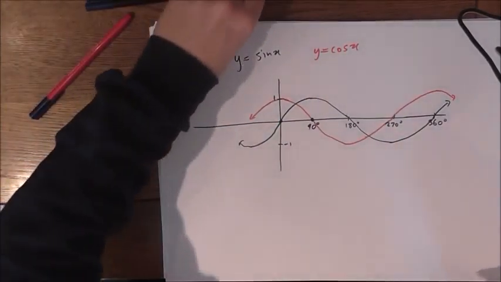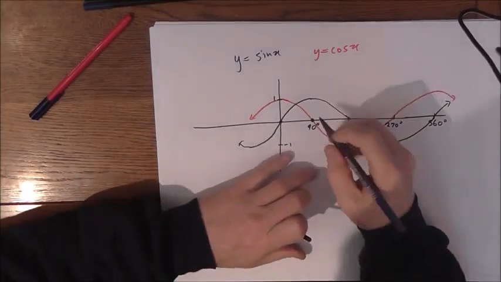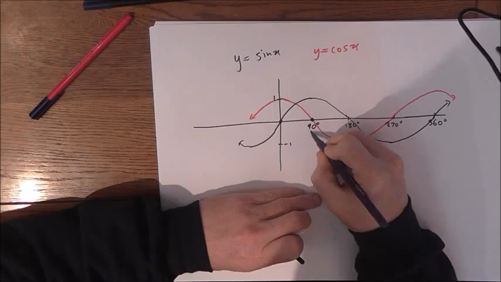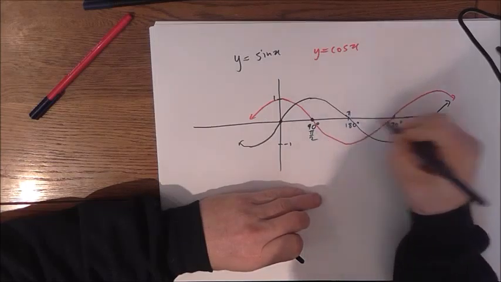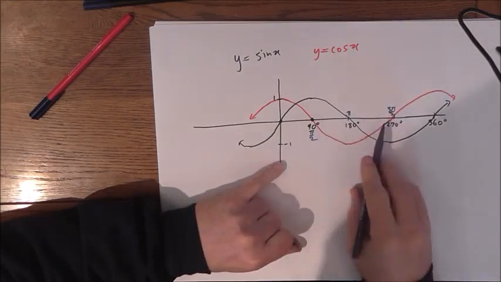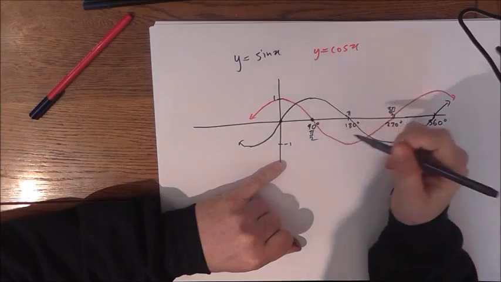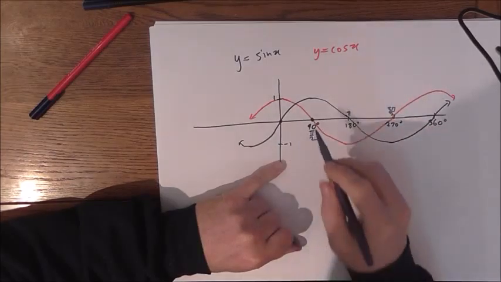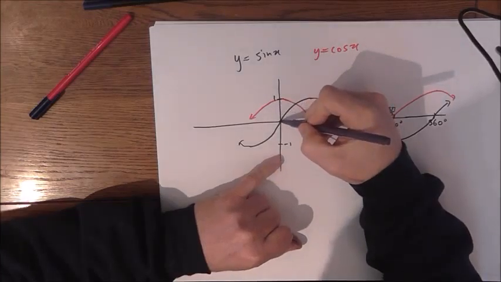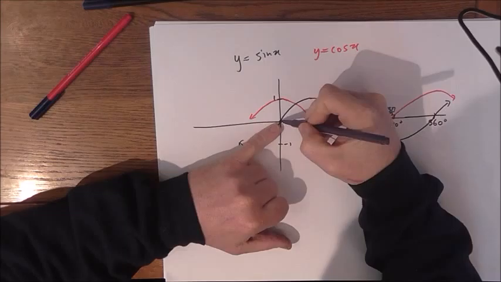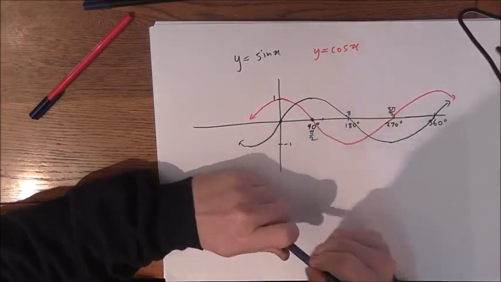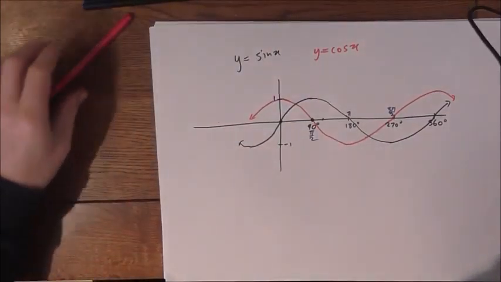Now year 12s and 13s know that there's an alternative measure of angles, radians. That enables you to draw this properly with a scale where the horizontal axis matches the vertical axis, because pi over 2 is about 1.5. So if that was 1 and I wanted the scale on the vertical and horizontal axes to be the same, I'd probably want to put that pi over 2 a bit further over there, but that's not really a big issue and it's certainly not relevant for GCSE students.